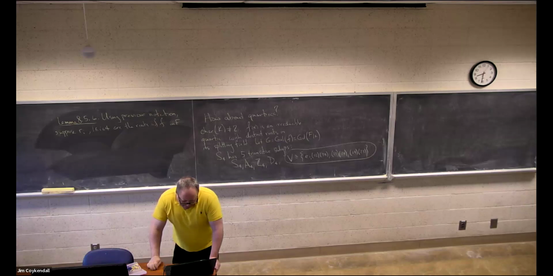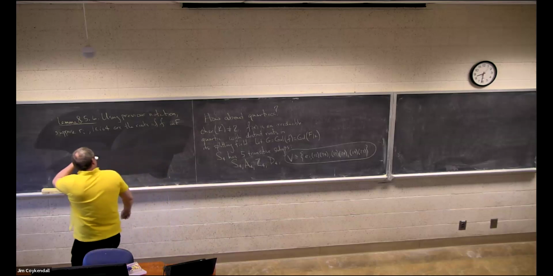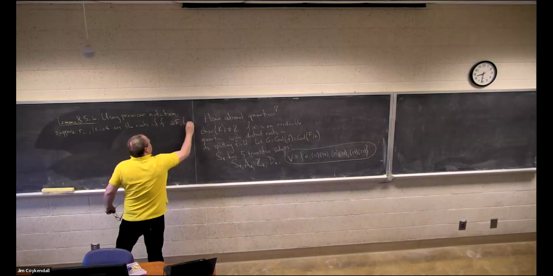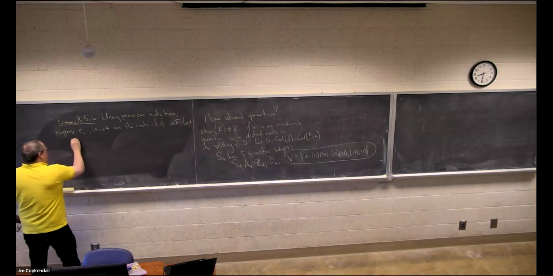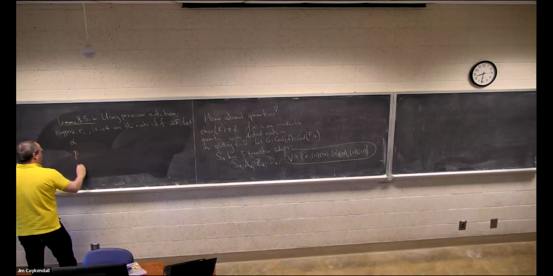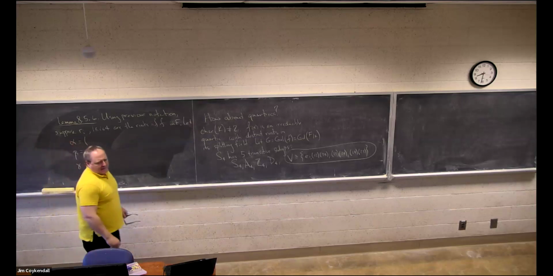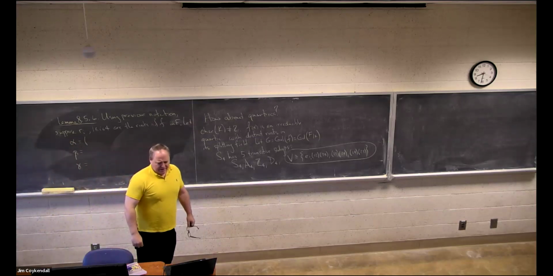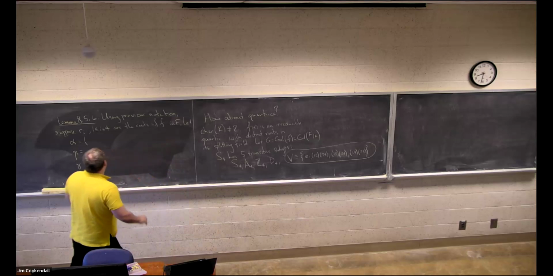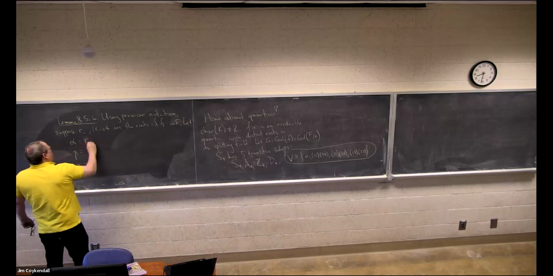Let's let alpha, beta, gamma. So many special elements here. Alpha is going to be R1, R2 plus R3, R4.